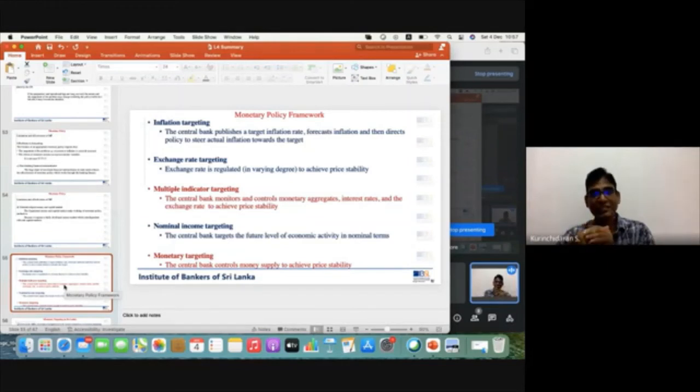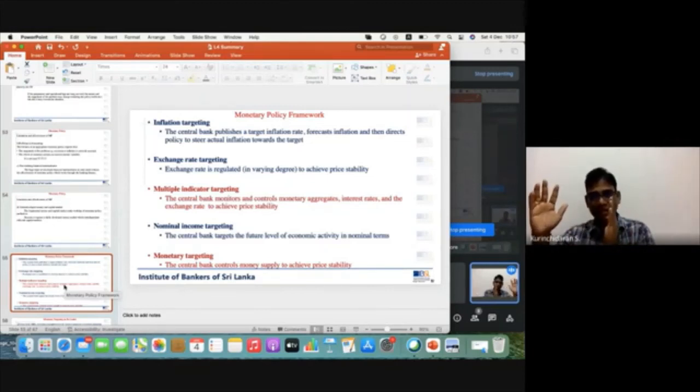We call it inflation targeting. In Sri Lanka also, we were talking about mid-single digit. That means around 5 to 6%, that area. But we didn't fix any rate. But that is called inflation targeting. So the monetary policy framework can be inflation targeting, or in some countries exchange rate targeting. Some countries fix a peg, right? Fix it to USD. Okay, 1 USD is 200 rupees. You fix it.